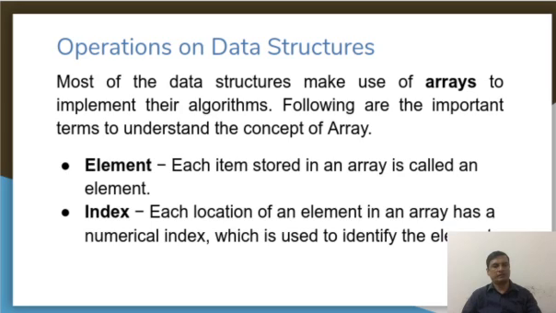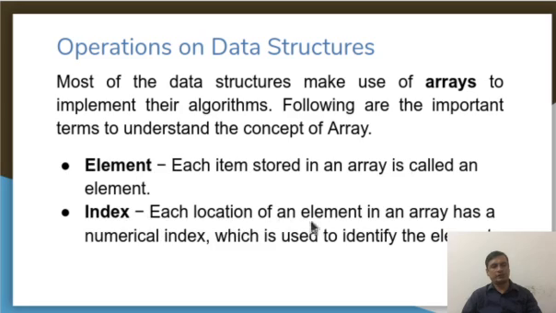We defined in the previous class that an array is a finite set of homogeneous elements stored in consecutive locations. All the arrays are going to be associated with what is called element and what is called the index. So element is going to be the value that is stored at a particular index.